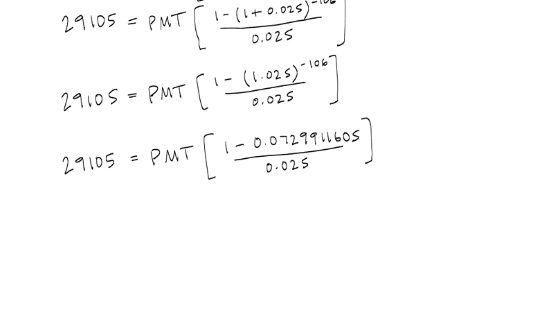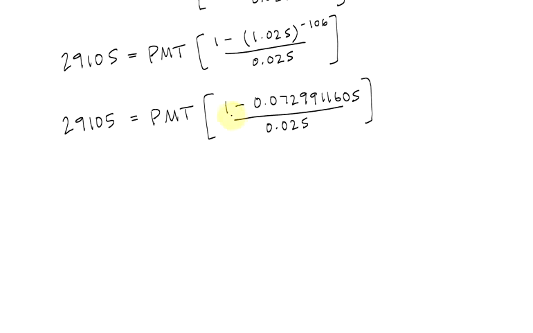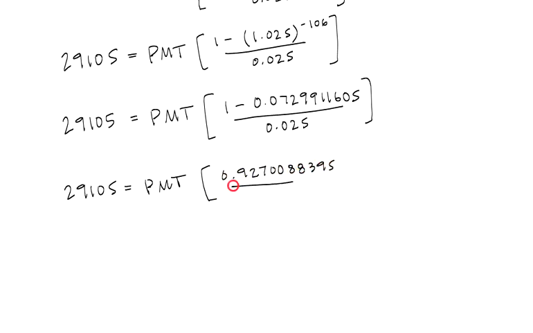Now I'm going to subtract 1 minus that decimal, rewriting everything else first. 1 minus 0.072991165, I get 0.92700883 and so on. And that's all divided by 0.025.